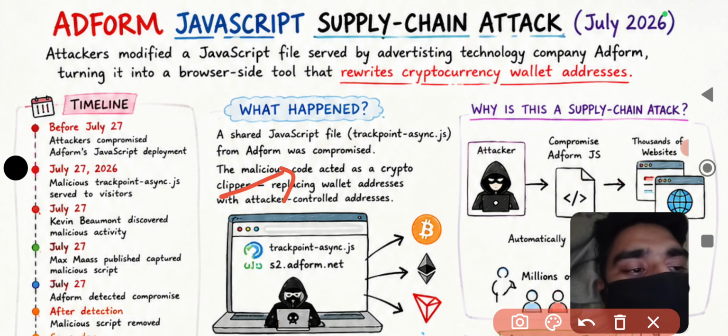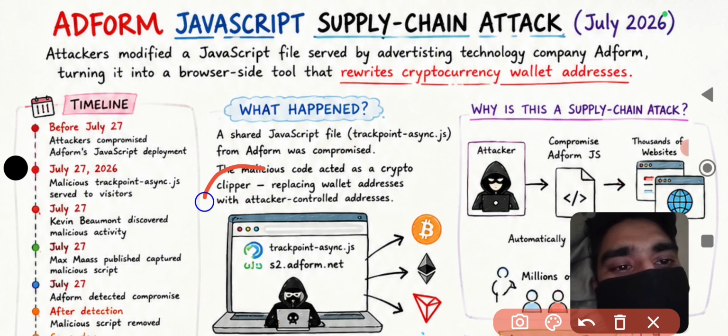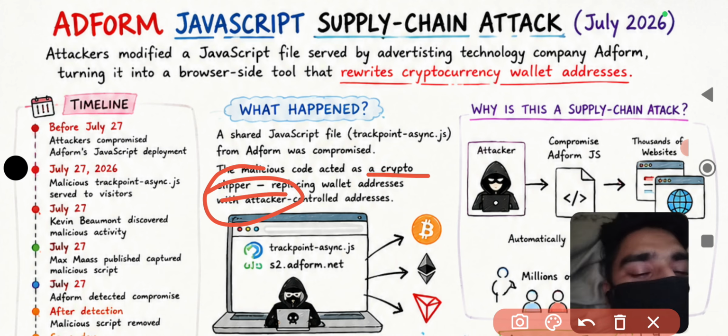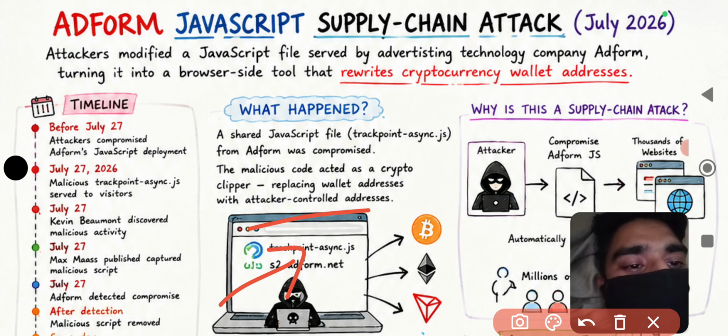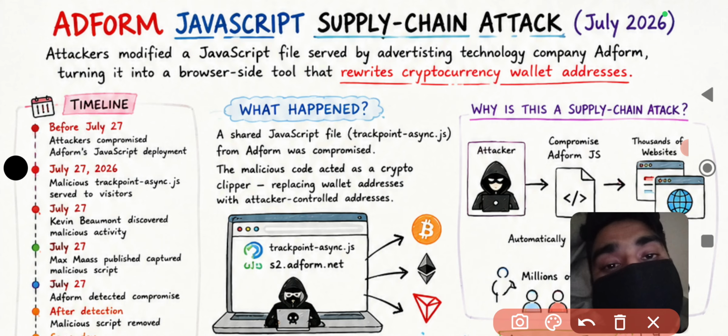The malicious code acted as a crypto clipper, which starts replacing the wallet address with the attacker's controlled address.